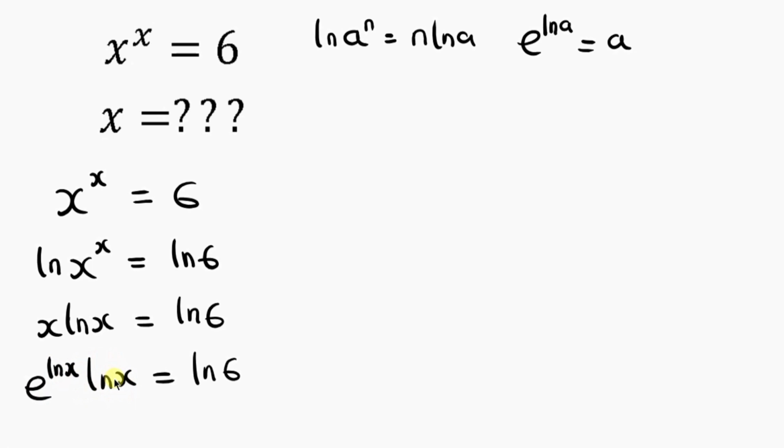I'm going to be switching this by writing this one first, so natural log of x, before writing this other one, exponential of the natural log of x, equal to natural log of 6. Now, watch carefully. This is where it gets interesting, because what is here is the same as what is here.